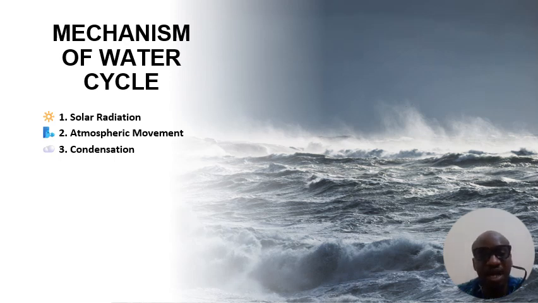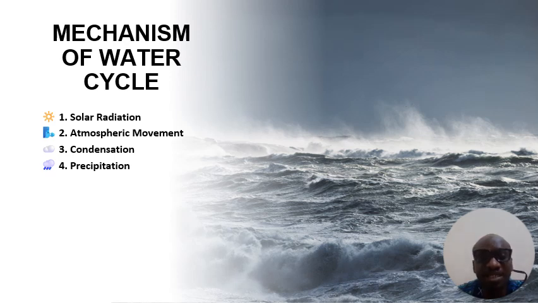When the clouds are formed, the next thing is for the water to precipitate onto the surface. Water droplets form in the clouds, grow, and fall to the earth as rain, as I explained earlier.